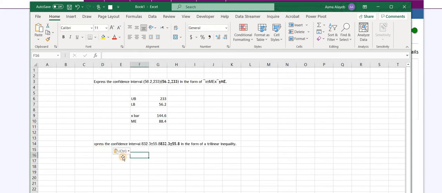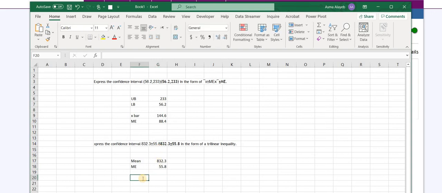Okay, now let me put them nicely. The mean is equal to the first number, 832.3, and the margin of error is equal to the second number, 55.8.